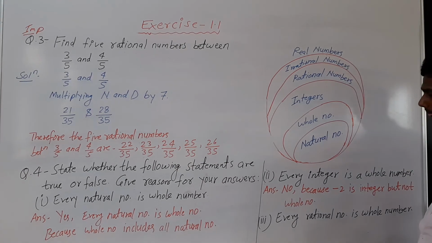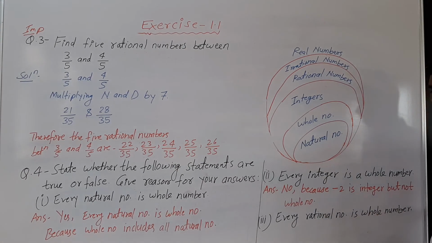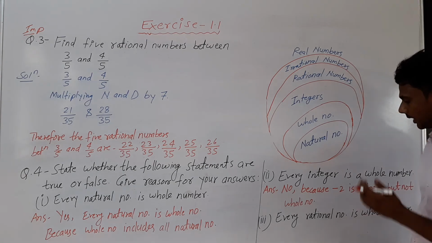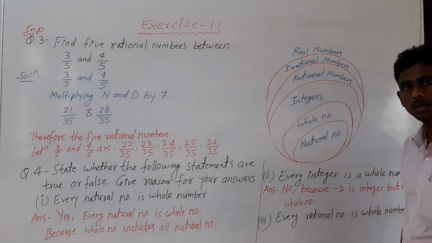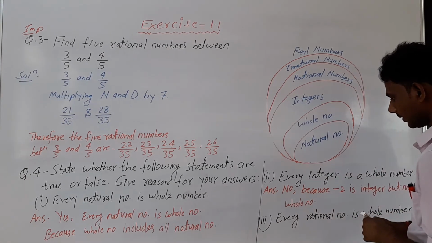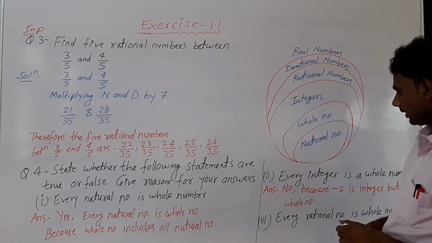Now the third part: every rational number is a whole number? No, false.